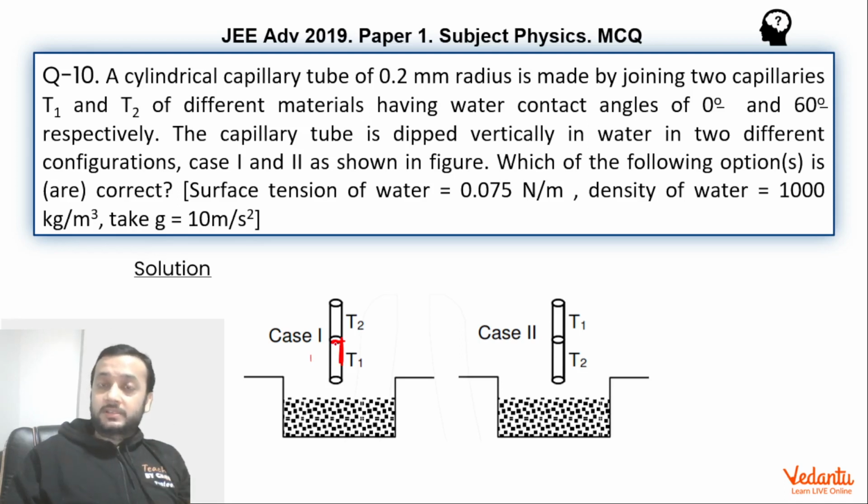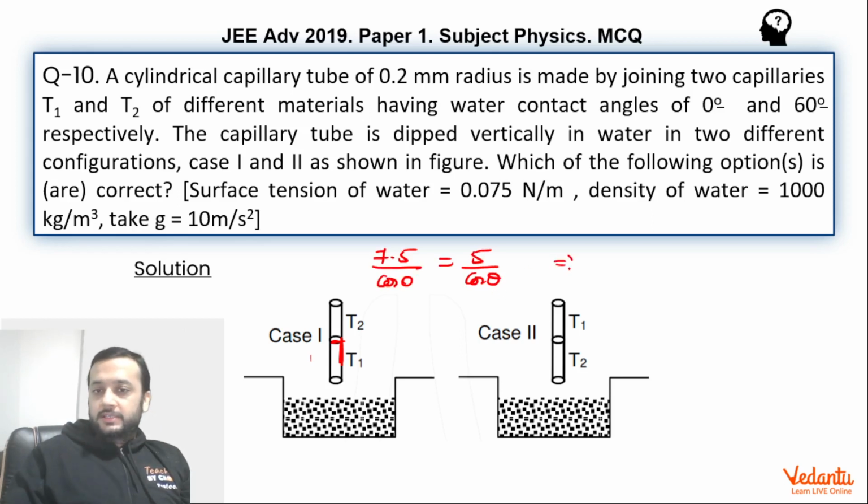No, because as I told you, the angle of contact is going to adjust. Water will go till 5, but then it will adjust its angle of contact. So you can also find the new angle of contact using this formula, that 7.5 upon cos of 0 equals 5 upon cos of theta.